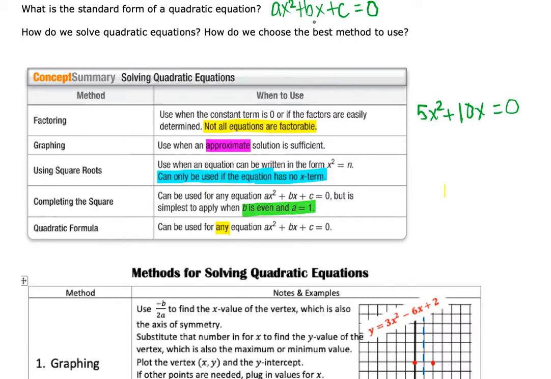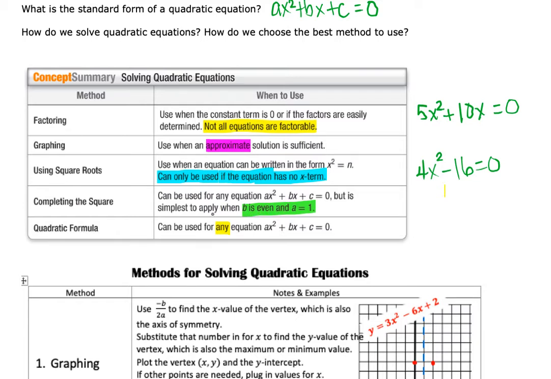That one would be something like 4x squared minus 16. Okay, there's no b term in that one. Completing the square, you can use that for anything, but it is easier when your a is equal to 1 and when your b is even.